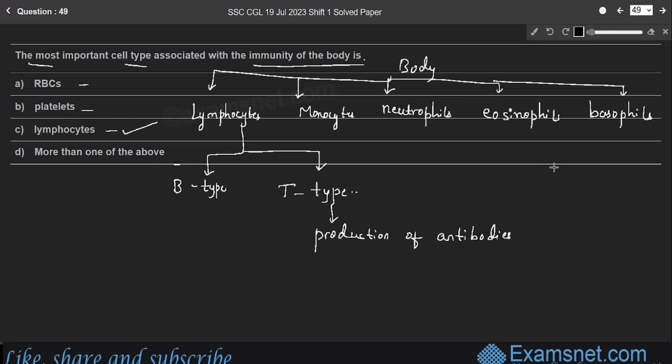Whereas B lymphocytes produce antibodies and bind with the foreign antigen. Therefore, the type of cell associated with the immunity of the body is lymphocytes. Option C is the right answer.